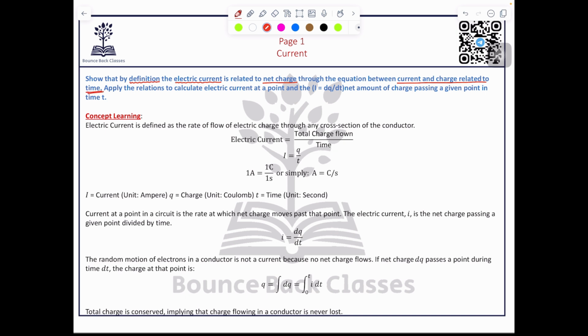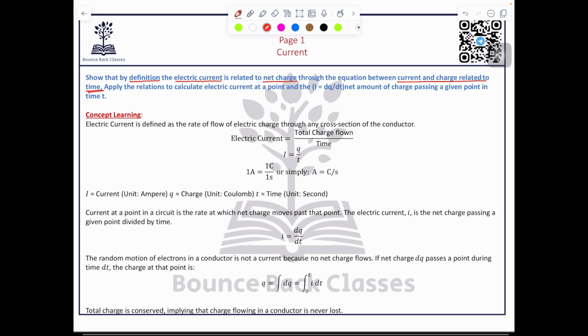Just try to understand: first he's talking about the current and time relation, second he's talking about the charge and time relation. Fine. Apply the relation to calculate electric current at a point. That is something good. I = dq/dt, the net amount of charge passing through a given point in time t.